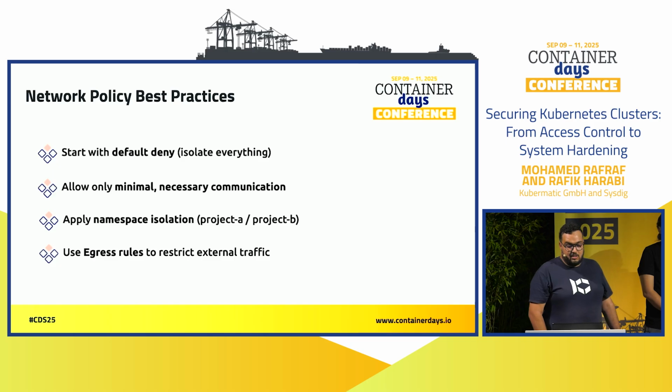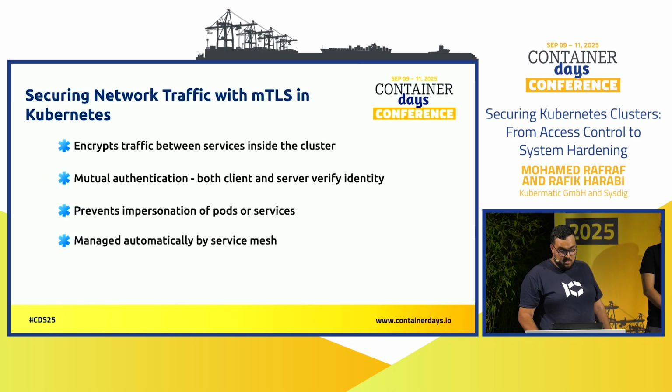Finally, it's recommended to add some egress rules to restrict external traffic, because it's very important: imagine that our application is compromised, so the attacker can download some external stuff like a malicious script and so on. This is why we need to block some egress traffic.